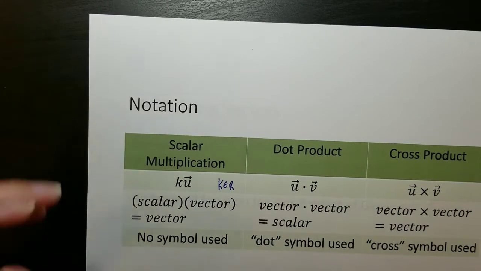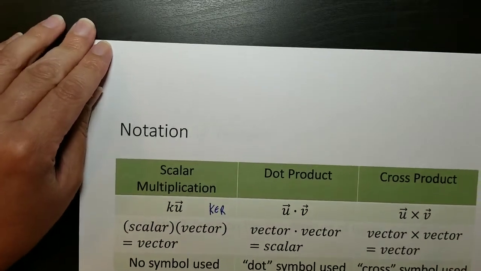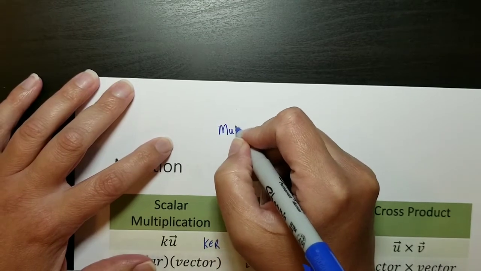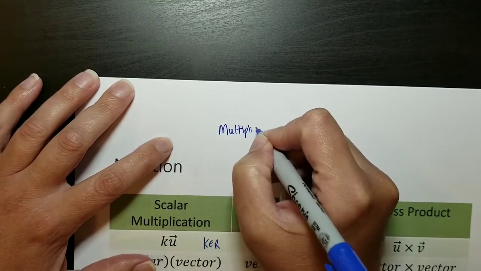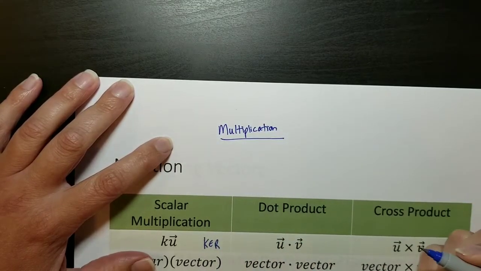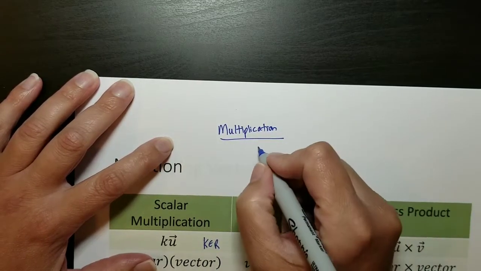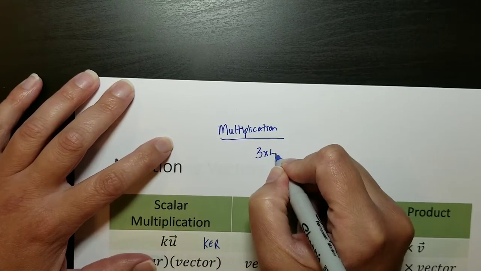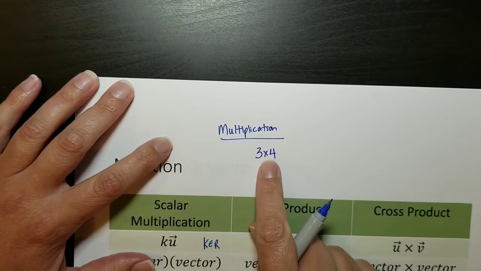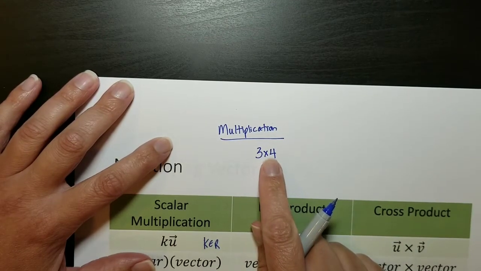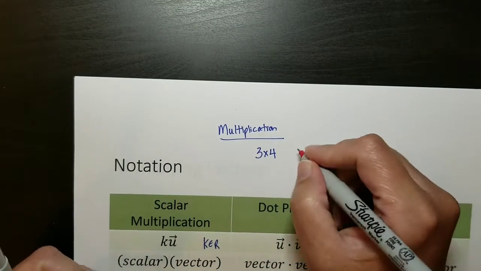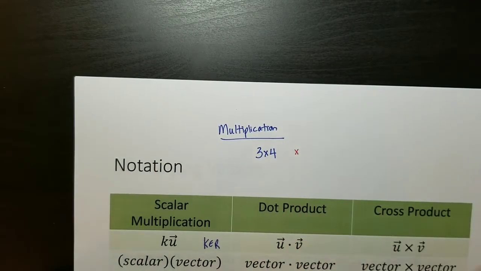But there are different ways of showing multiplication in real numbers. When you first learn to multiply, you do something like 3 times 4, with the X symbol, the most visible symbol for multiplication.